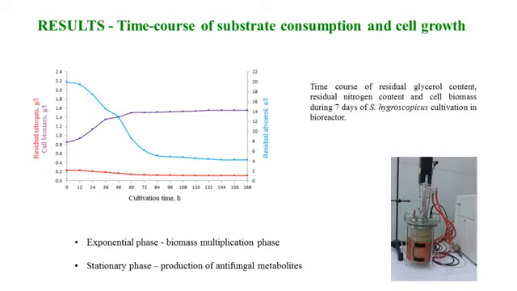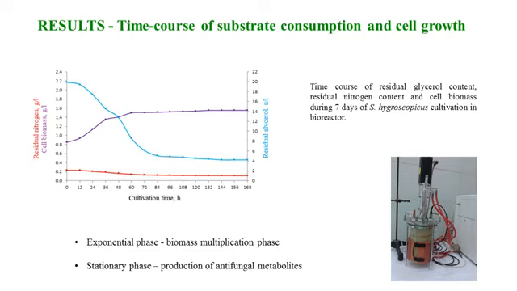On the other hand, nitrogen is required by microorganisms both for growth and multiplication, but very often also for the production of the desired metabolites. Results of biomass growth show that the exponential phase lasts until the third day, when the stationary phase of the bioprocess, in which the consumption of nutrients is significantly reduced, begins.